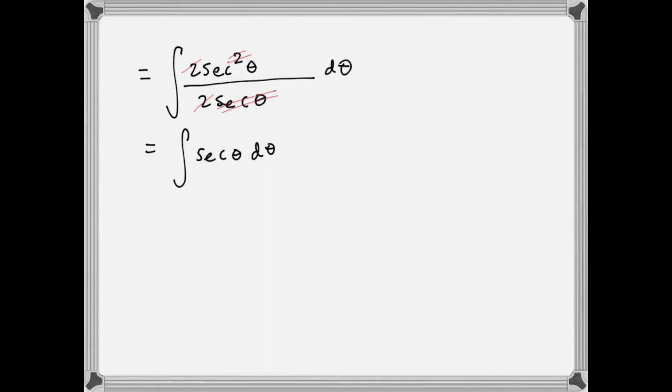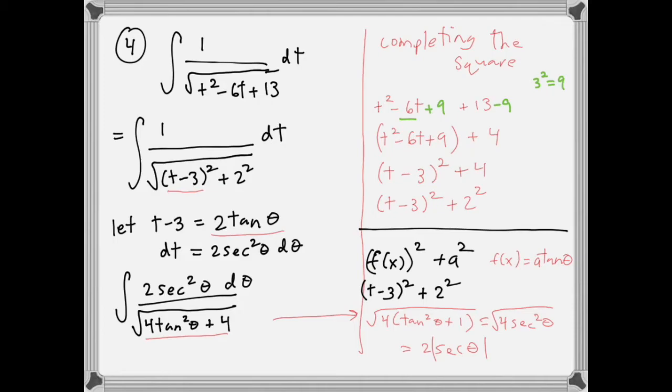In order to do this integral, this is something that we had to memorize from previously. This is one of the integrals. This is equal to the natural log of the absolute value of secant theta plus tan theta plus c. Now we are not done. We need to use the triangle to convert our thetas back to t.